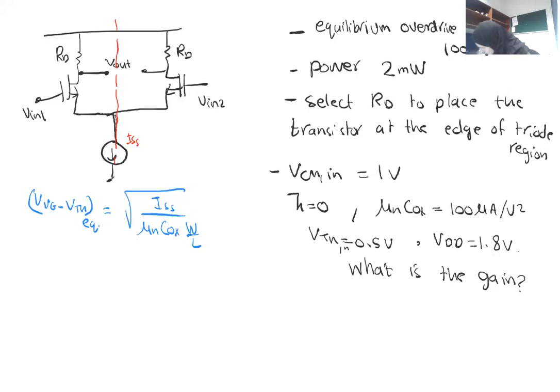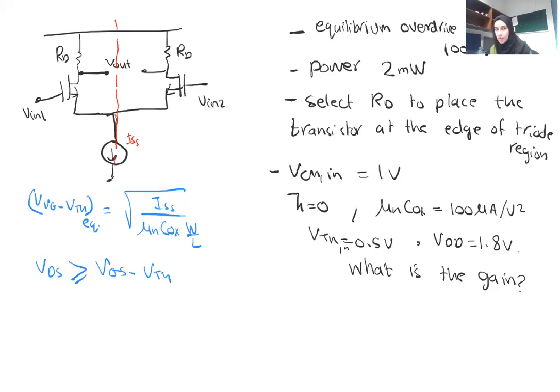I need to place a transistor at the edge of the triode region. Now, what does this mean, the edge of the triode region? It means that you are applying a VGS such that you have this relation. You remember that VDS should be greater than or equal to VGS minus V threshold.